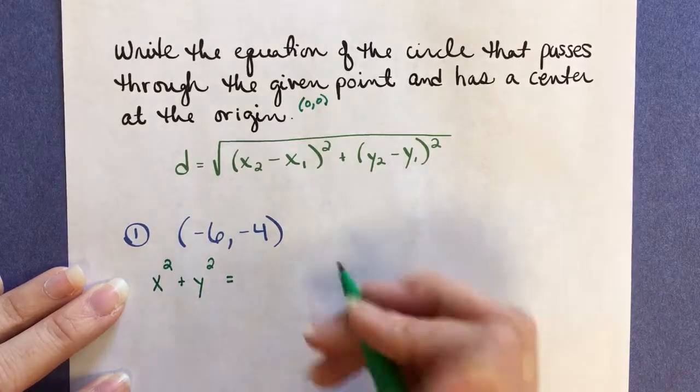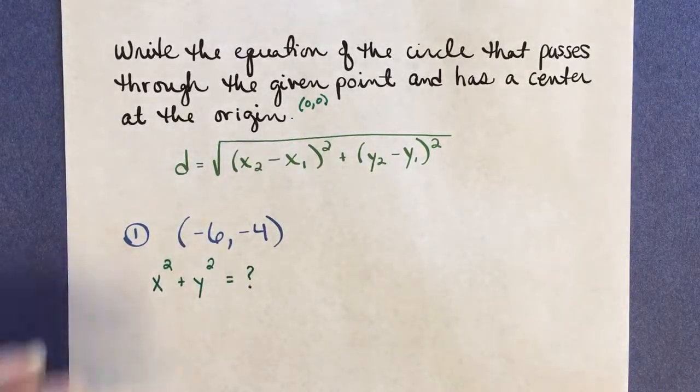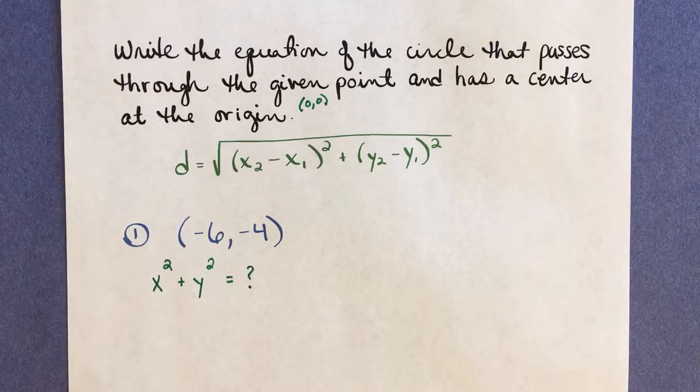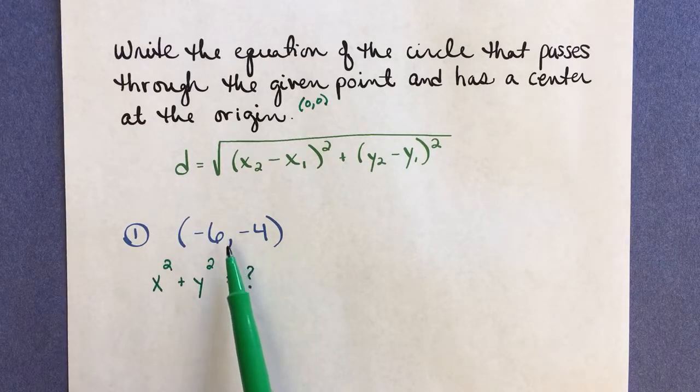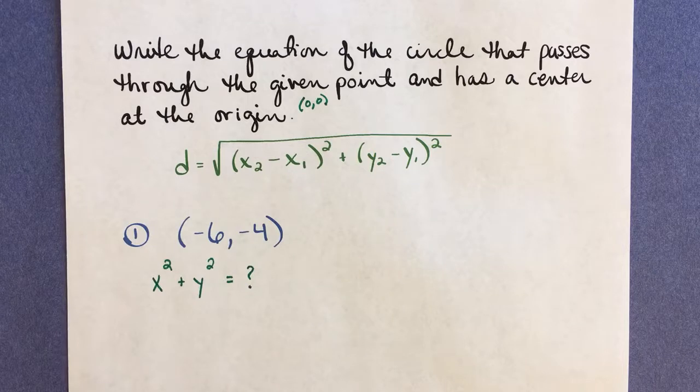what I've got to figure out, though, is what is this radius, okay? Now, I know where my center is. My center's at the origin. The point that's given to you, your circle passes through this point. So this point's on the outside edge of your circle. So if you know the distance from the origin to this point, then that's going to be your radius, because your origin is your center.